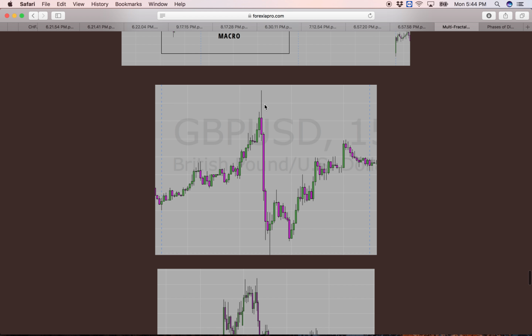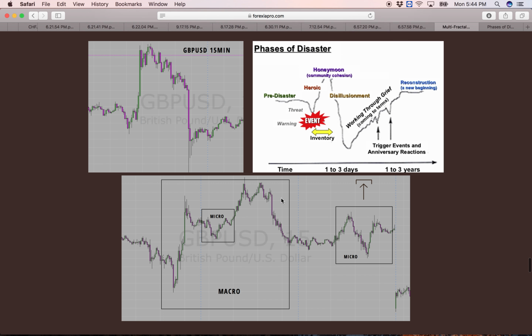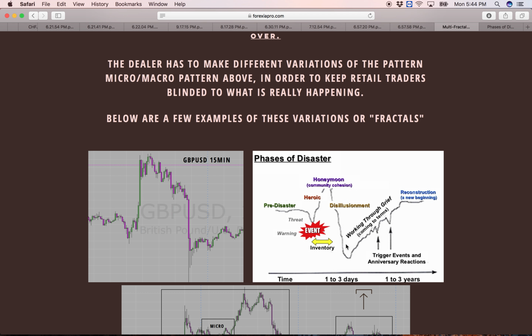That's all they have to do, create that whipsaw to generate those feelings inside the retail traders. And like I said, this happens on micro and macro. So this occurs on every time frame. This is the structure that they're trying to create on all time frames simultaneously.